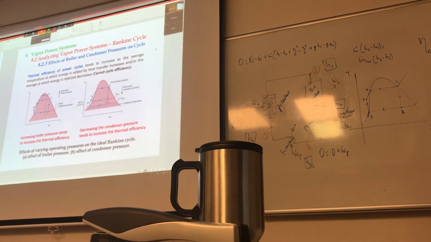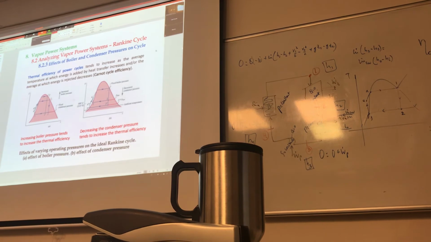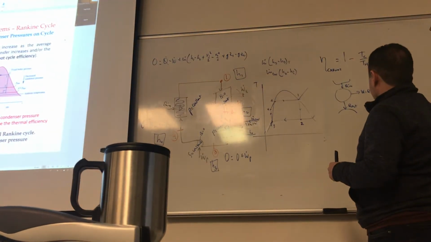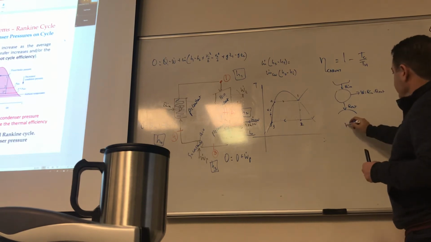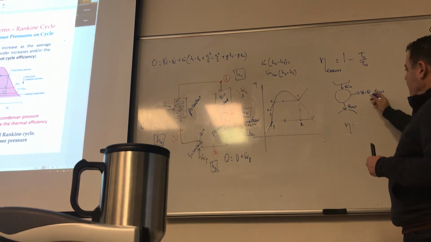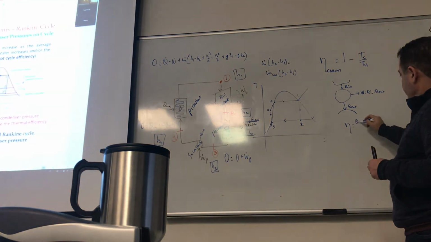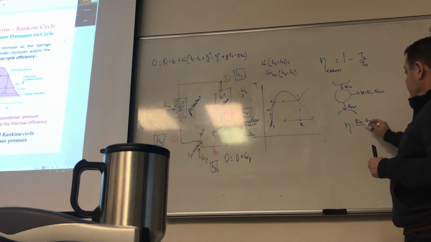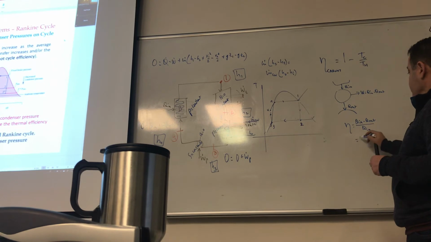A power cycle would have Q in, Q out, and then it will have a work, which is Q in minus Q out. So the efficiency is W, which is Q in minus Q out, divided by heat in, which is Q in. So this is 1 minus Q out over Q in.